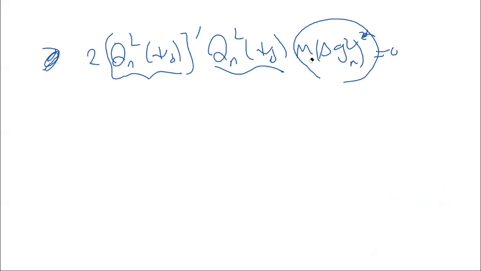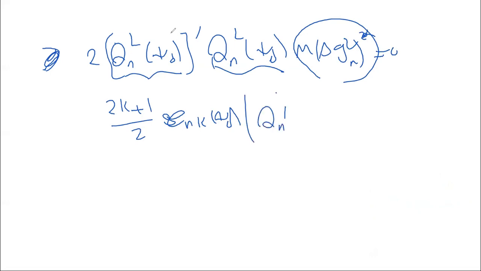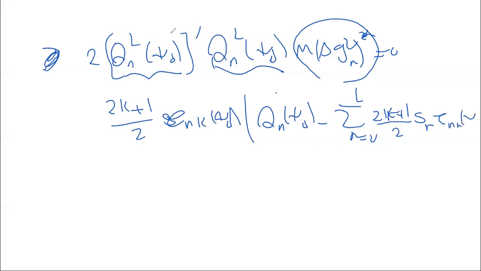Therefore, if I take the derivative with respect to Sk, for example, it will be 2k plus 1 over 2, Sk will be 1, then Enk psi 0, then I have this one Qn psi 0 minus the summation n to L of 2k plus 1 over 2, 2r plus 1 over 2, Sr Enr and so on.